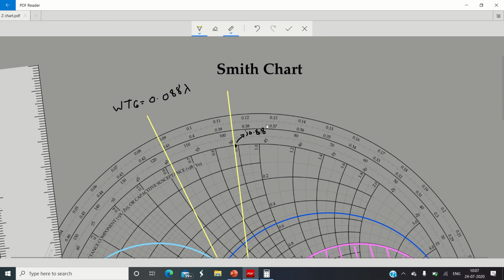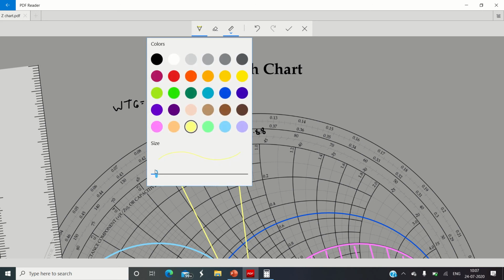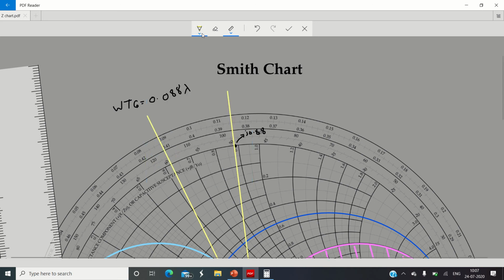The value of WTG I am getting is between 0.11 and 0.12, around 0.112, 0.114, and around 0.116. So here I will write the WTG, taking the black color again. Here I got the WTG of this imaginary point, and you need to mention all the WTG values whatever you encounter in the design solution.